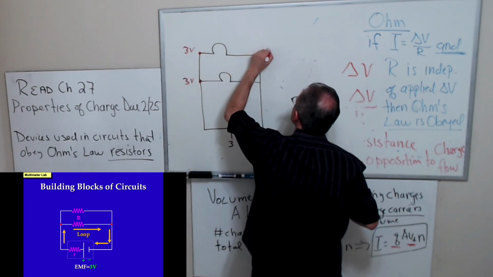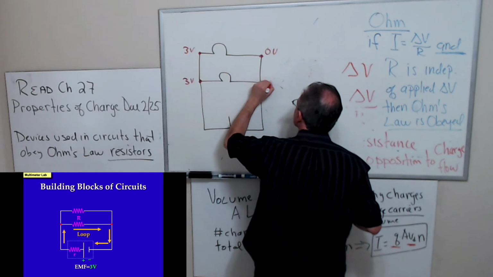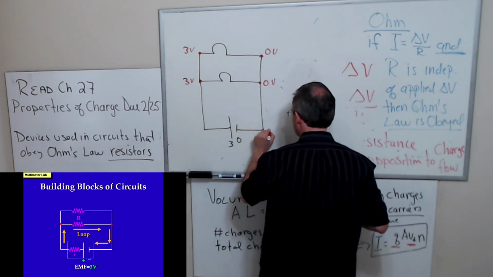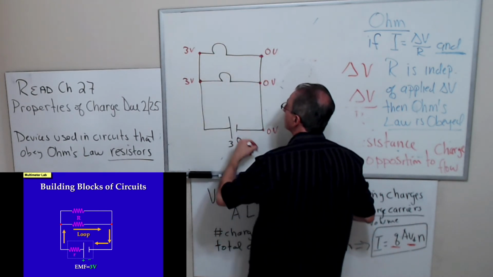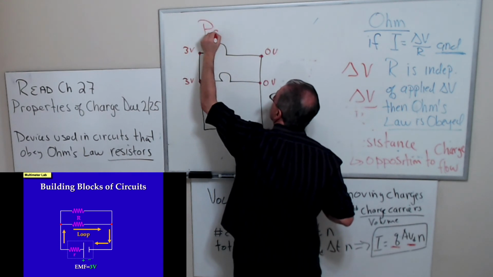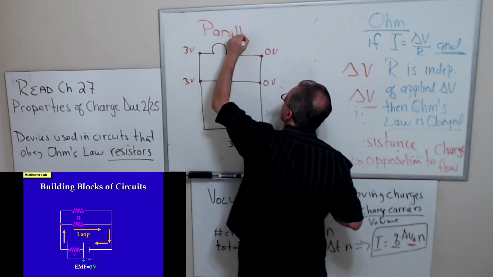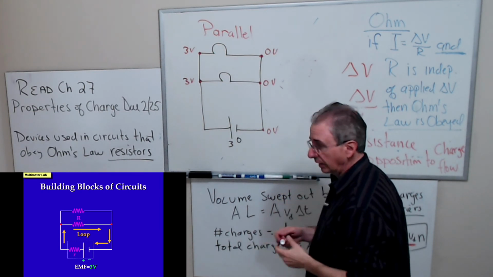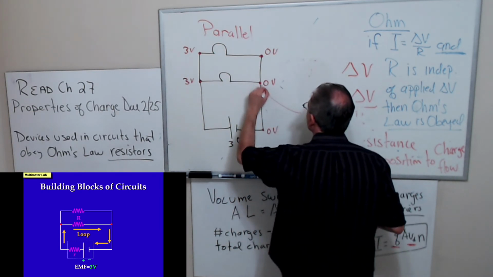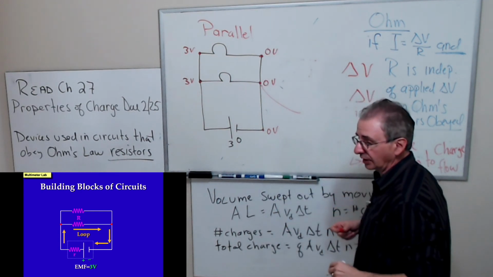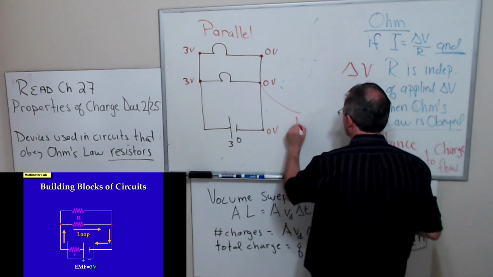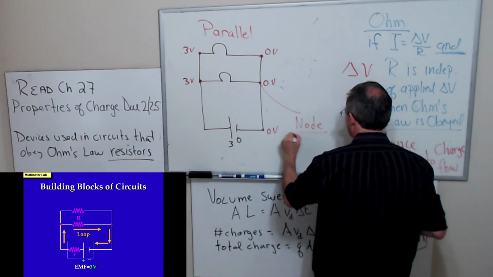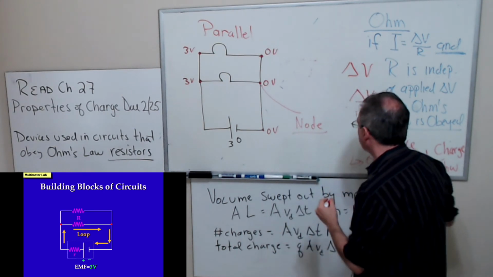This point here is at 0 volts. This point here is 0 volts. This point here is at 0 volts. So these two are both at 3 volts. And so we say the bulbs are in parallel. Okay. This point over here, where 2 or more wires join together, is called a node. Or another term is a junction.